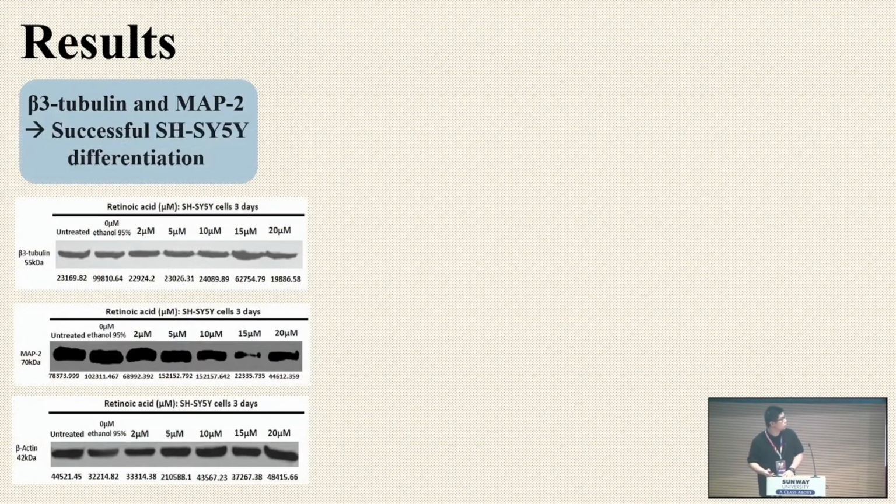So our preliminary results show that these are the Western blot results. We have tested retinoic acid on the cells. That means we have shown beta-3 tubulin proteins and MAP2 proteins, which means our differentiation is successful.